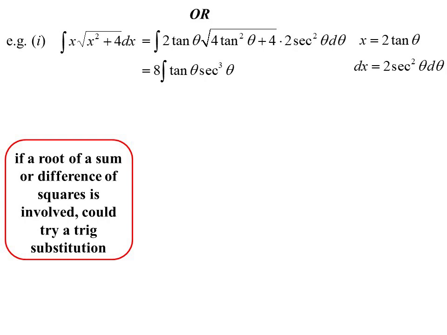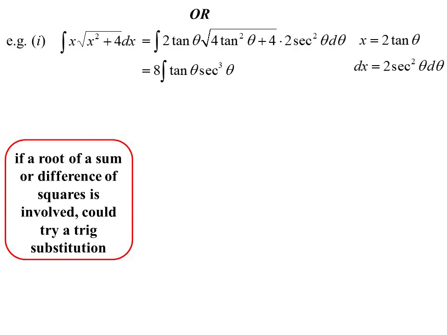So x is 2 tan theta. Square root of x squared plus 4 becomes the square root of 4 tan squared theta plus 4. But tan squared plus 1 we know is sec squared. So I've got the square root of 4 sec squared, which is 2 sec. dx is another 2 sec squared, so I end up with, all up, 8 sec cubed.